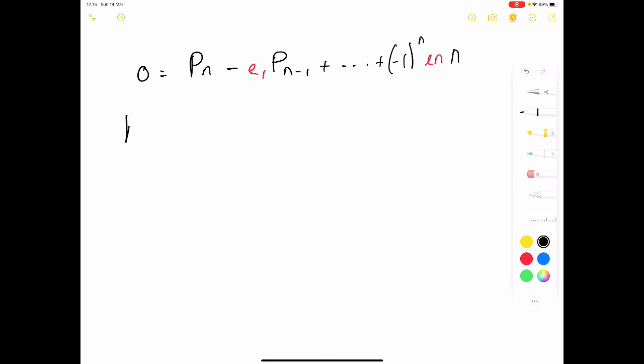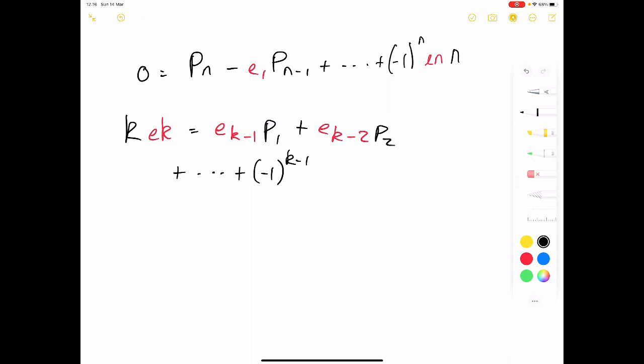So it says that k times Ek would be equal to E(k minus 1) times p1 plus E(k minus 2) times p2, and so on, all the way to minus 1 to the power of k minus 1 times E0, which we also know is 1, times pk.